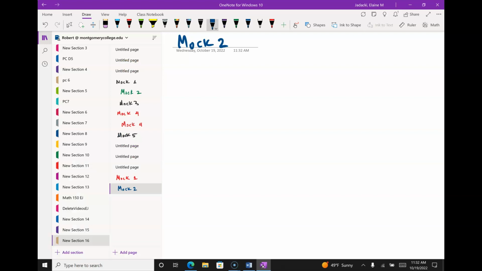And I want you to solve this one by first taking the natural log of both sides.